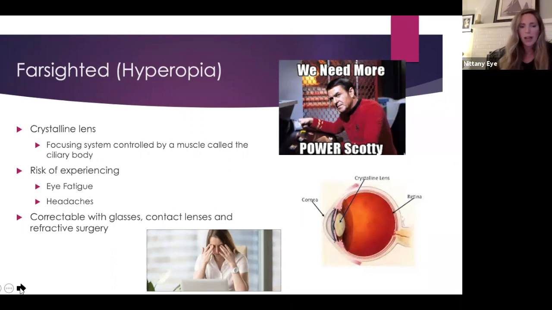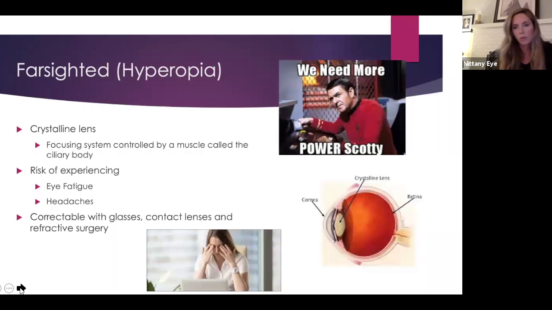They're more likely to have frontal headaches above the eyebrow or just experience eye fatigue, because they have to work the lens and the muscles in their eye to see far away, and then they really have to work them to see up close more than the average person.